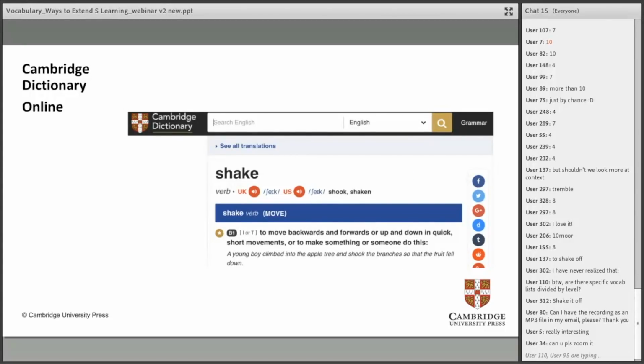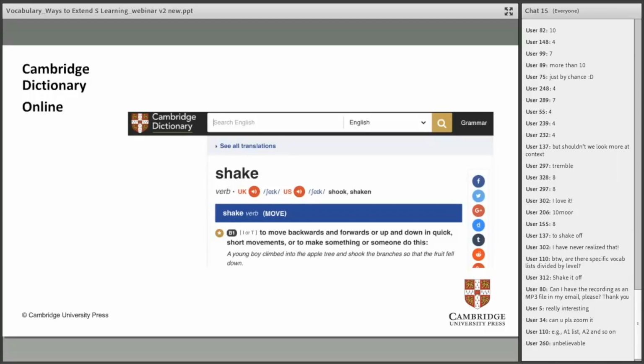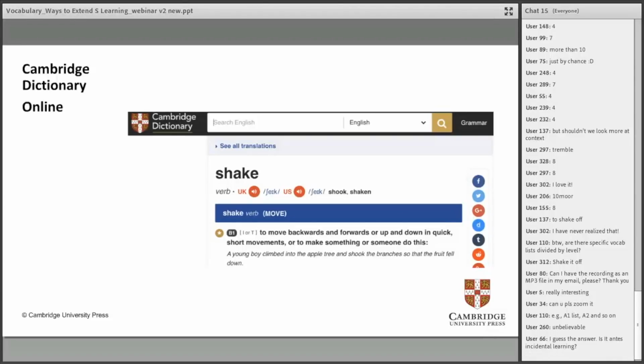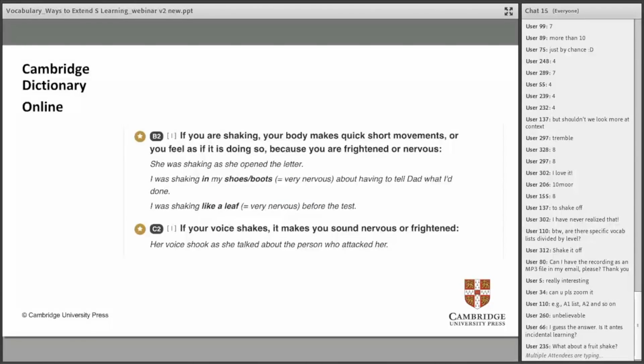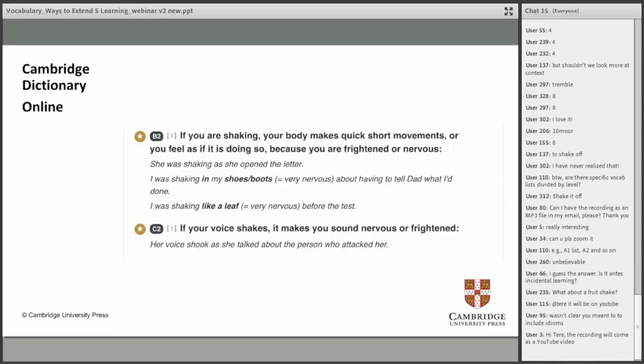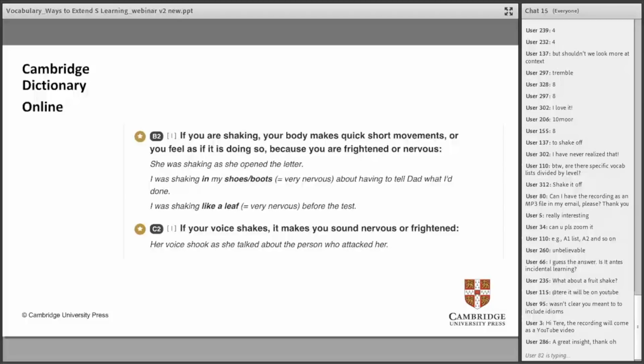So here is the first meaning that was in the text, this idea of moving backwards and forwards. This is about the tree shaking. And then if we look at the second, if your voice shakes, it makes you sound nervous or frightened. This was the second meaning in the Ironing Man text. This is a C2 level meaning, a slightly higher one, but that's okay.